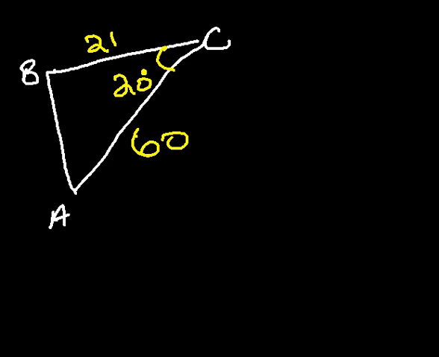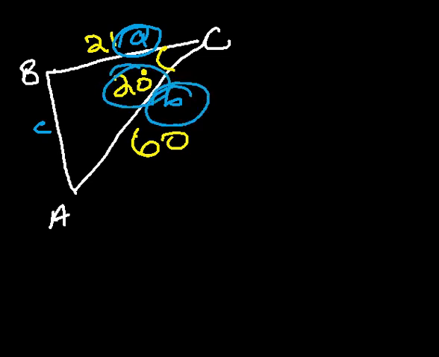So first thing you should understand is that as it stands here, this is the side A, this is the side B, and this is the side C. We have been given the value of the side A and the value of the side B and the angle C, which is given as 20 degrees.